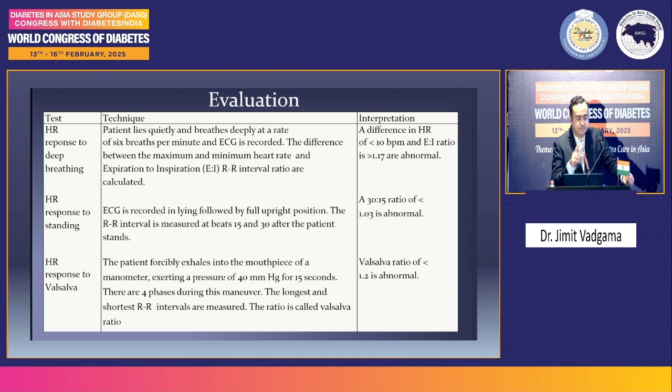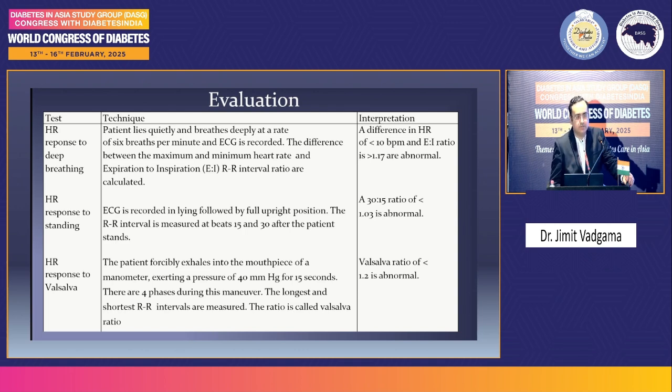So every 10 seconds he completes one inhale and exhale, and you see the RR intervals during expiration and inspiration, and you see the ratio, and a difference in heart rate of less than 10 beats per minute is abnormal. So in simple words, when you take inspiration, you must remember from physiology days, your heart rate goes up. When you expire the breath, your heart rate goes down. The ratio is not that much if you have cardiac autonomic neuropathy.